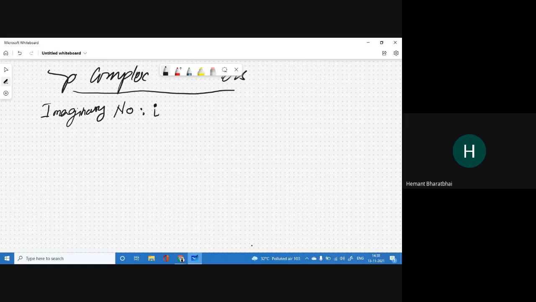If you remember from 10th standard, in quadratic equations you used to write the roots as minus b plus minus under root of b square minus 4ac upon 2a.